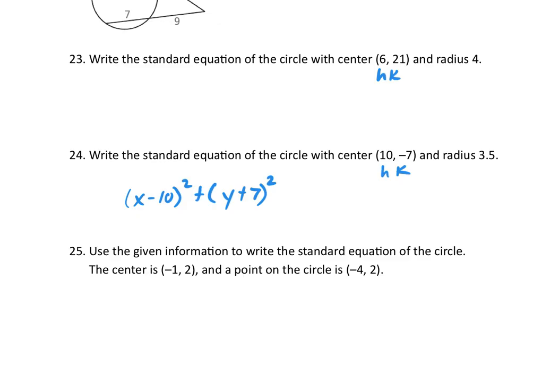That's where you've got to be really careful. And then here, we're going to take the radius and square it because it says r squared. So we're going to take 3.5, square it, and that would become 12.25. Don't leave it as 3.5 squared. Just go ahead and put it in your calculator and give me whatever 3.5 squared is.